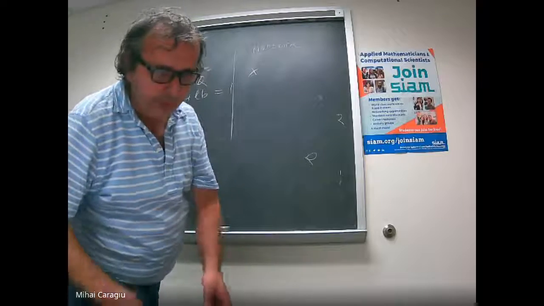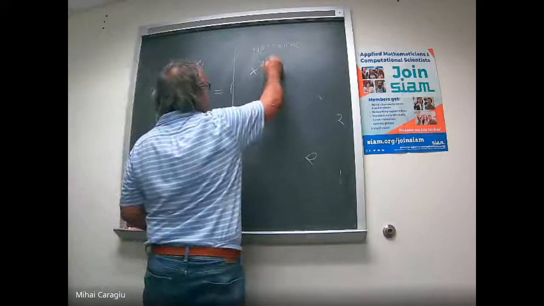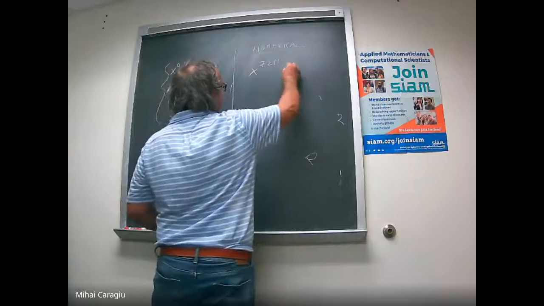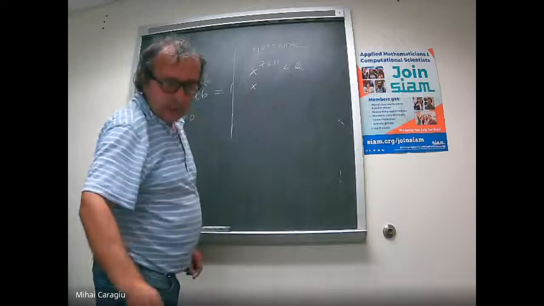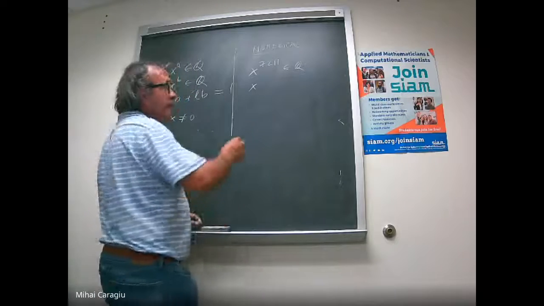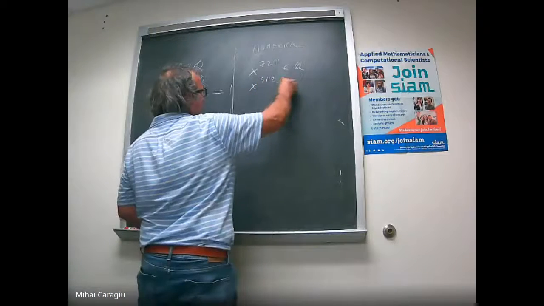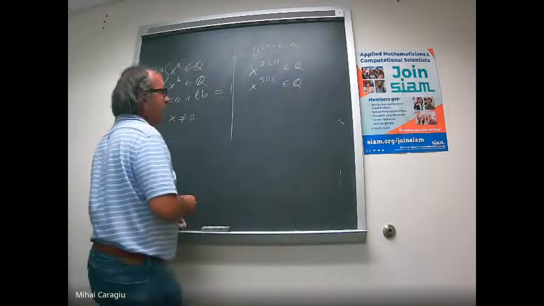x to the power 7,211 is a rational number, and x to the power 5,112 is a rational number.